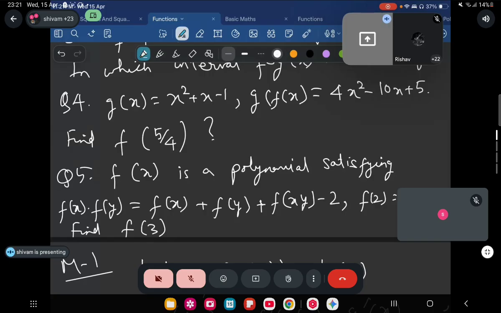Adrito, 4 is also correct. Shubhangi, 4 is correct. Shinika, 4 is correct.